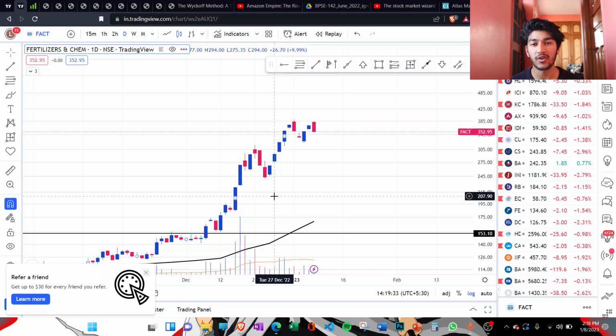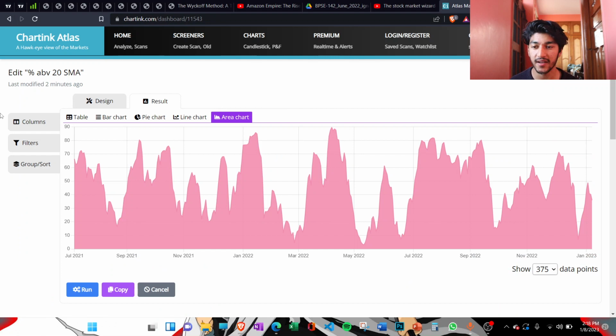So what I'm trying to say here is that whenever this indicator, the percentage above 20-day simple moving average, reaches below 20%, or the bottom level of below 10%, you can start looking for the leaders, and add a little bit, keeping the stop loss very tight, because it's not a foolproof plan, but it will give you an advantage.